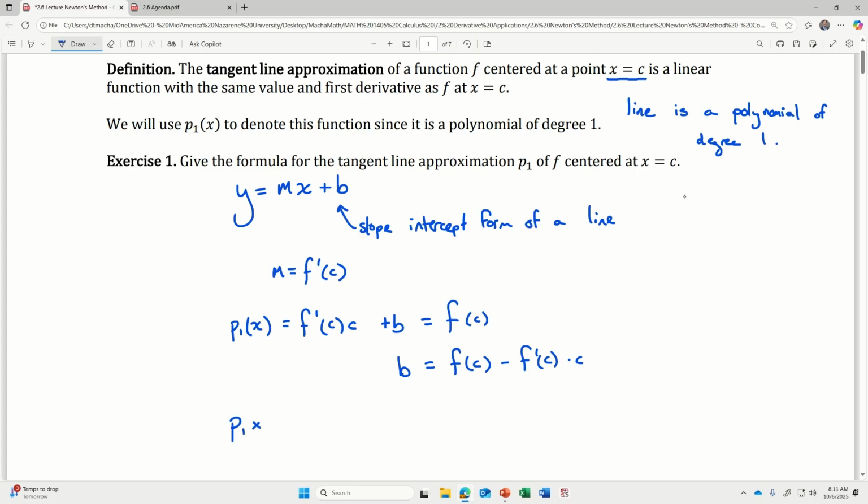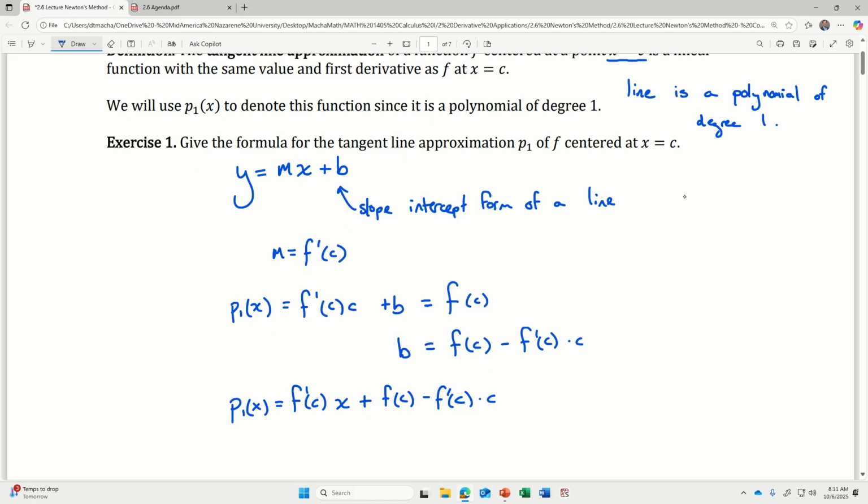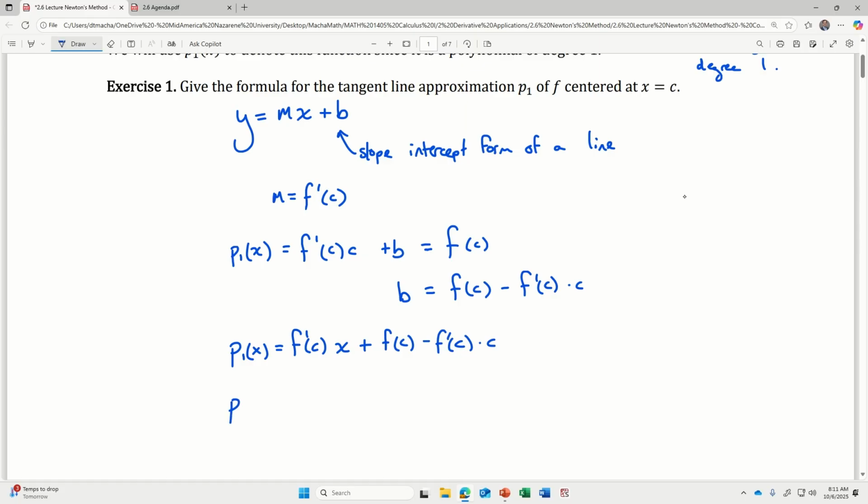And so my tangent line approximation is going to be f prime of c times x plus b, and maybe a better way to write this is like this, where I'm going to factor out the f prime of c part.